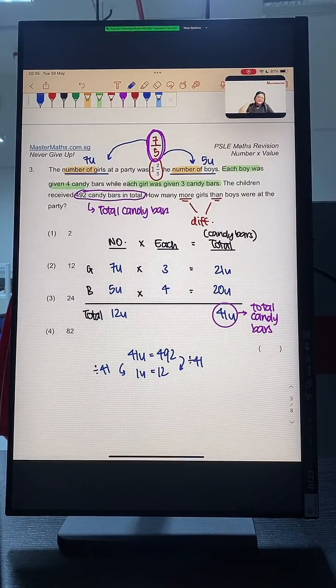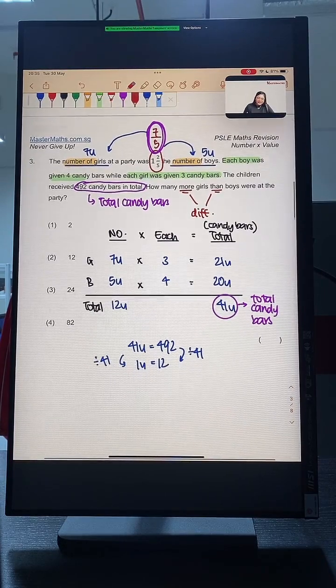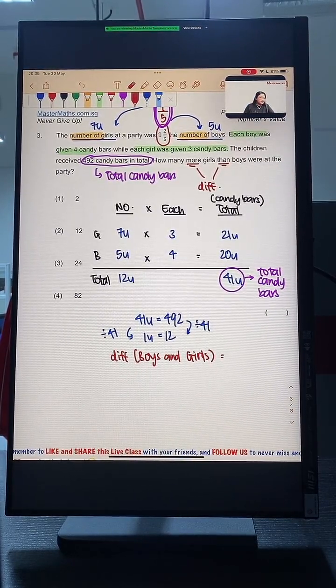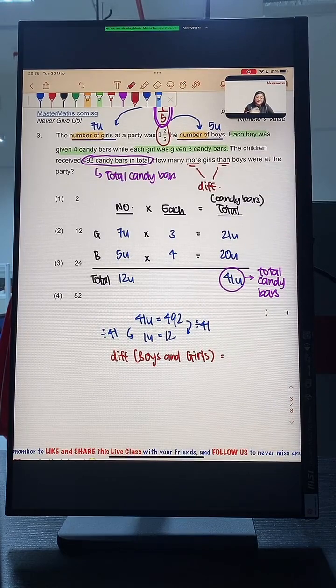I want to find the difference. This is where I need to be a bit careful. The difference between boys and girls would be how many units? Can you all type it in the chat? Again, the units are all in the table itself.